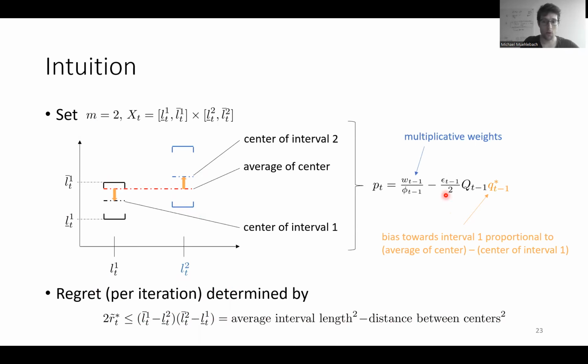In that case, you will modify this probability distribution to assign probability 1 to option 1, and this upper bound will be 0. And in the multiplicative weights case, both the upper and lower bounds will be aligned, and then PT is WT minus 1 divided by phi T minus 1, and this will just be the length of the interval squared divided by 4.